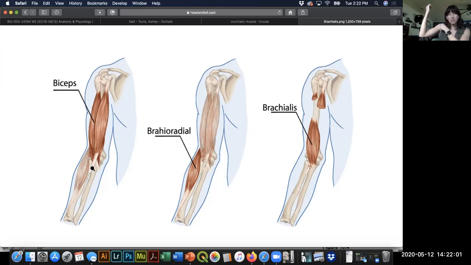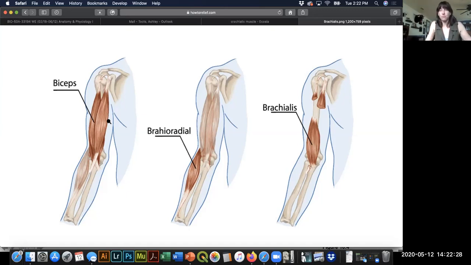It originates up here, it inserts down here. The fascicles are arranged in this direction. So when that muscle contracts, it shortens this way, which means that it's going to pull this point up towards itself, right? And we call that action flexion. It's flexing. Okay. So that's the biceps brachii on the anterior side of your arm.